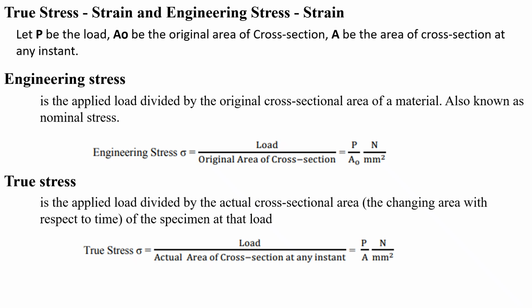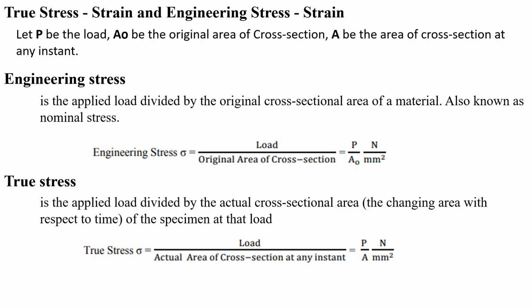Then engineering stress is defined as the applied load divided by the original cross-sectional area of the material, also known as the normal stress. So engineering stress equals P divided by A0.